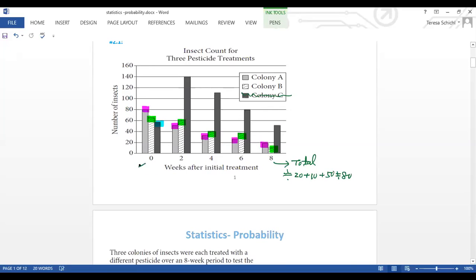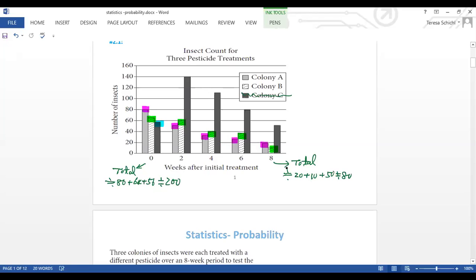This is the end of the 8 weeks compared to the initial. The initial is this bar at week 0, right? So what is the total approximately? This one is about 80. This is a little bit above 60, so maybe 64. And this one is a little bit below 60, maybe 56. So this will be close to 200.